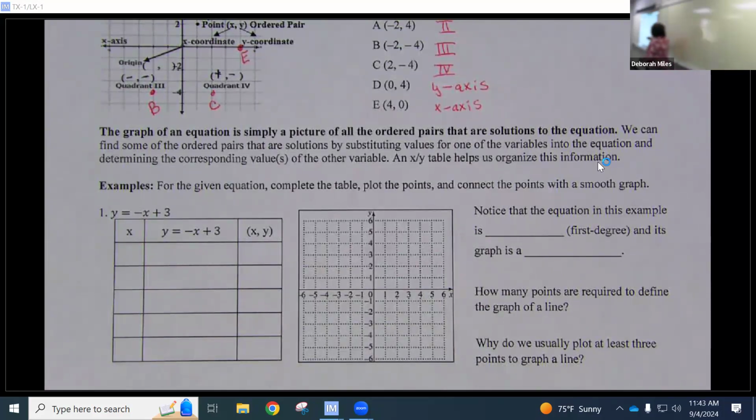I can choose some x's, plug them into the equation, calculate the y value, and that will give me a set of ordered pairs that I can graph. Every ordered pair that I plot is a solution to that equation, and there are infinitely many solutions in between any two ordered pairs. That's why we end up with a solid line in this case.